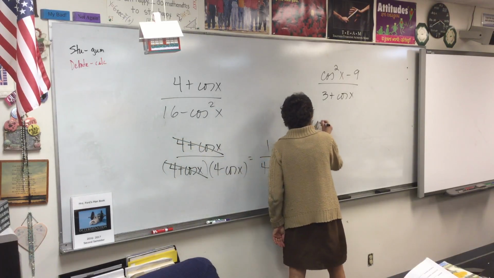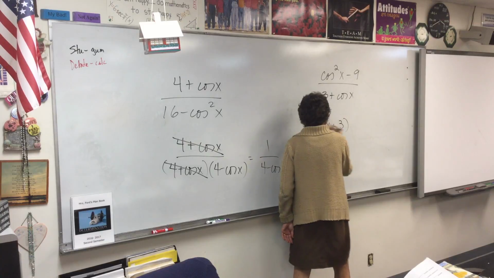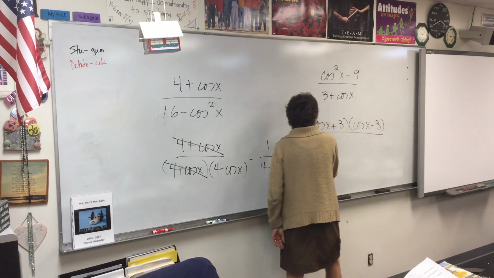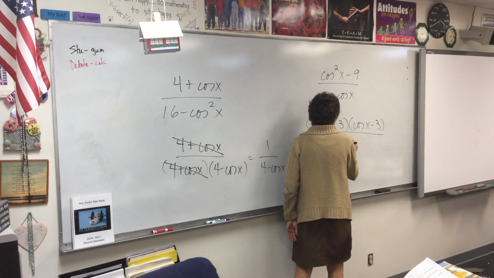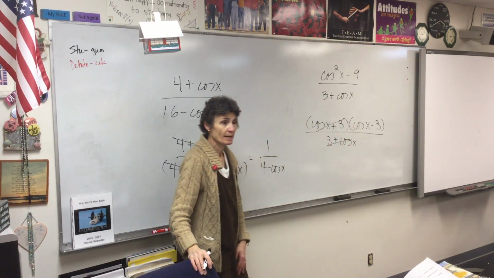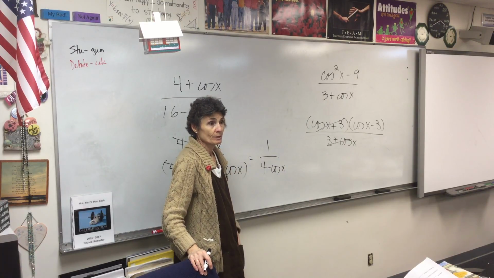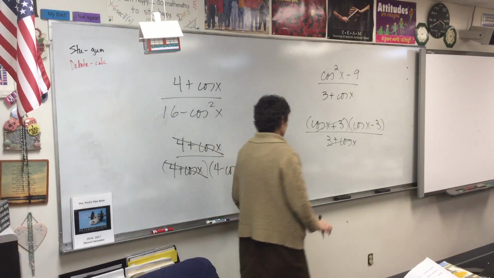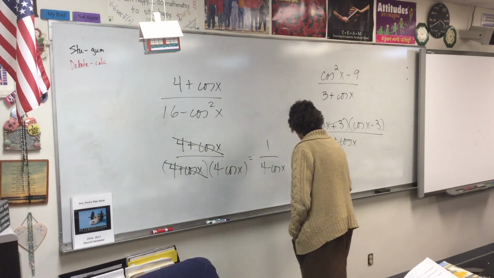That's cosine plus 3, cosine minus 3. It'll be just that over 1. These will cancel, and we'll be left with cosine x minus 3. Right? Okay. Pretty good.